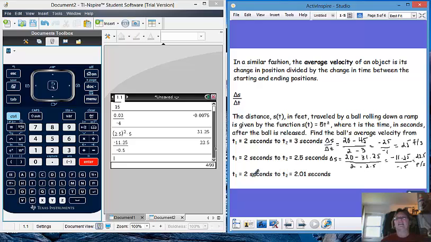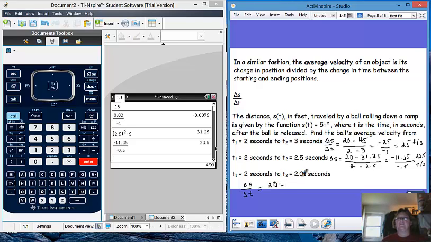And now we're going to find that average velocity from 2 seconds to 2.01 seconds. And I'm going to try and write down here. Again, we already know at 2 seconds that ball is at the 20-foot marker.